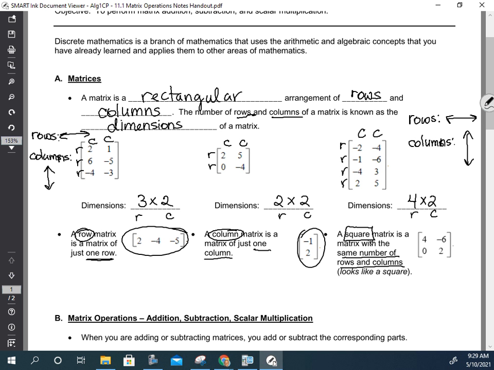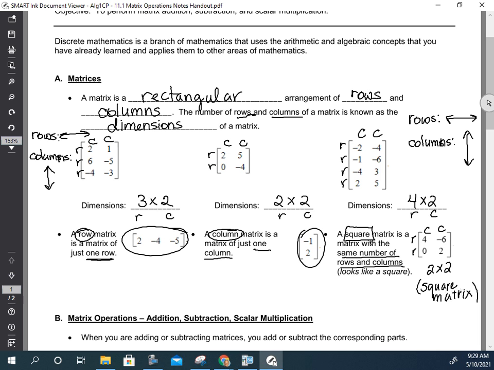For the example that's provided, 2 rows, 2 columns, 2 by 2, that's a square matrix. So 1 by 1, 2 by 2, 3 by 3, 4 by 4, those are all square matrices.